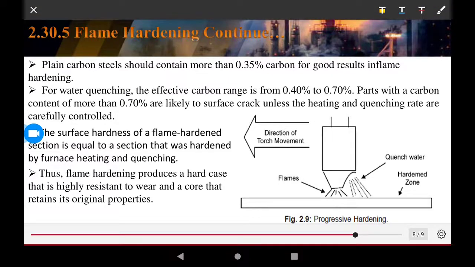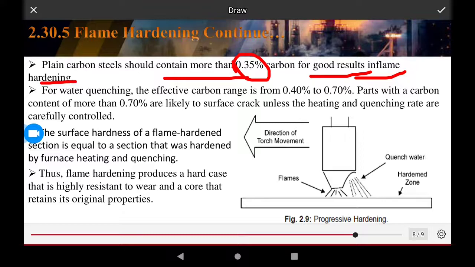I present the flame hardening continuing. Plain carbon steel should contain more than 0.35% of carbon for good results in flame hardening. The water quenched effective carbon range is 0.40% to 0.70%.